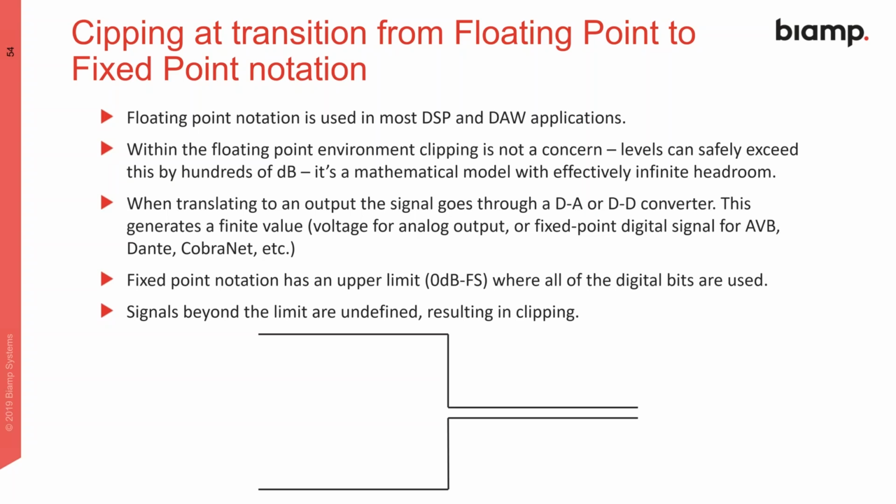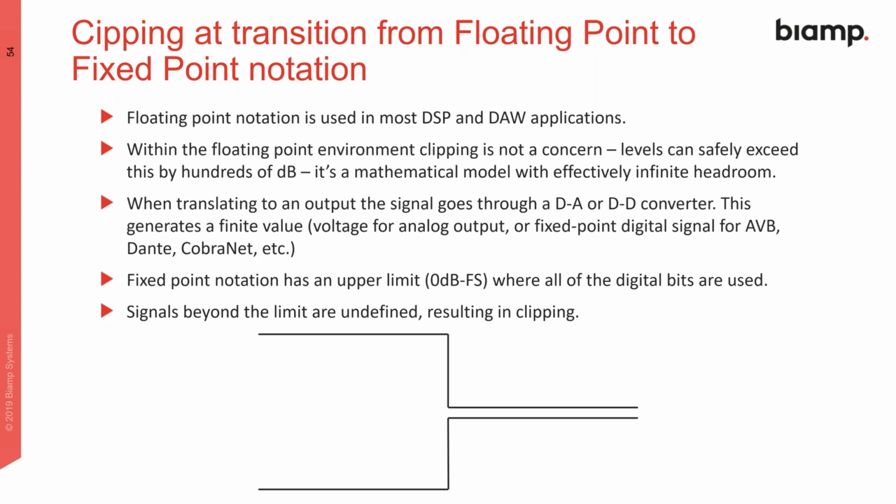It's a mathematical notation that allows you to scale things radically. It works very well with audio program, where you need fidelity at very quiet levels, but also fidelity at very loud levels. And it allows us effectively infinite headroom. You can build a signal chain within Tesira and run it up to plus 600 dB. And as long as you bring it back down to 0 dBu on the output, it'll come out and sound just fine. It's not destructive.